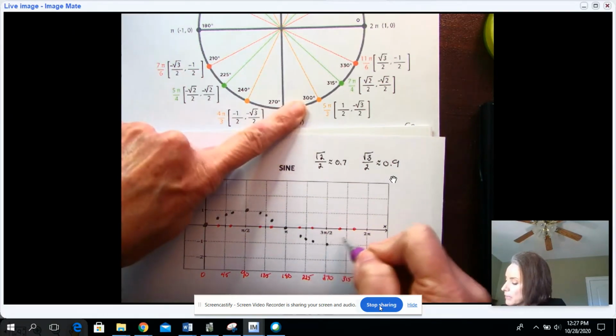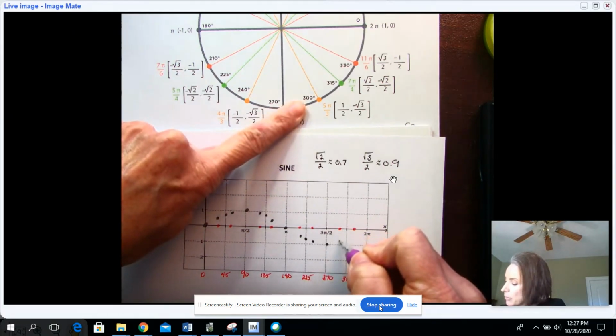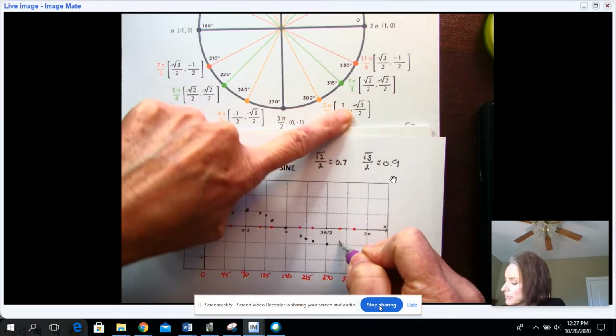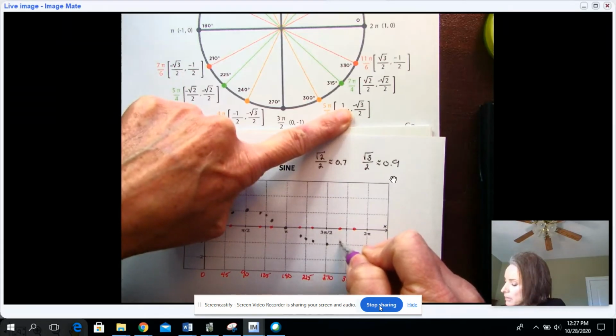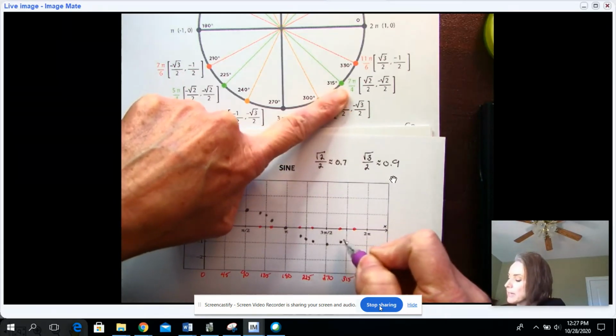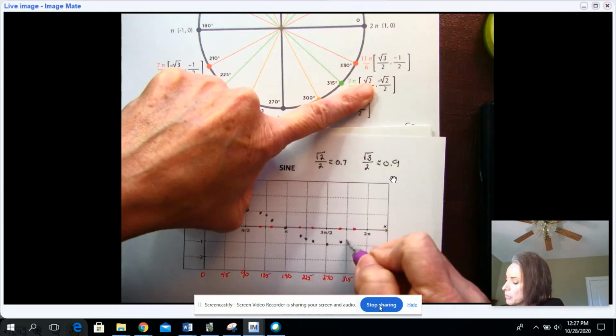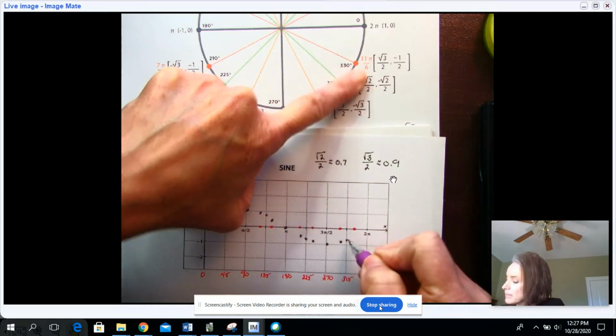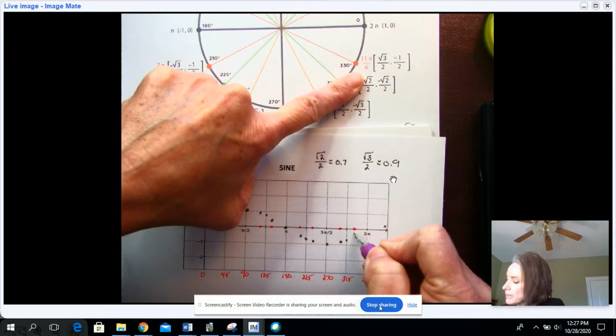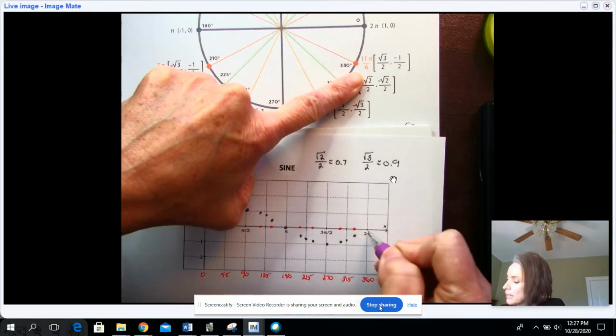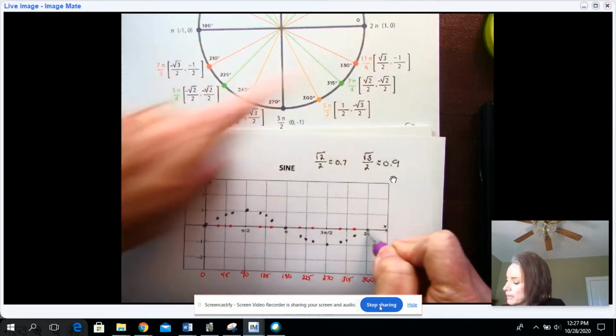The sine of 300 is negative 0.9, negative square root of 3 over 2. The sine of 315 is negative 0.7. And then the sine of 330 is negative 1/2. And then the sine of 360 is 0 again.